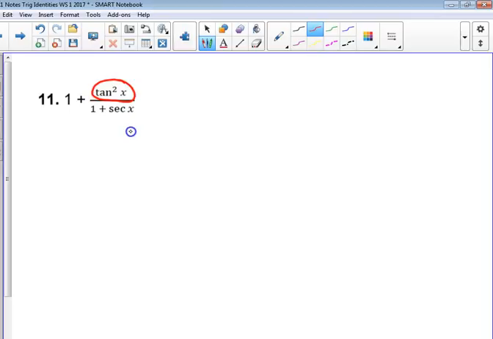Not a Pythagorean identity? Not changing it to sine squared over cosine squared? What else could we do? Secant squared minus 1? Is that what it is? Oh, then we got something similar in the denominator, right? So 1 plus, that would trade for a secant squared minus 1, you said?